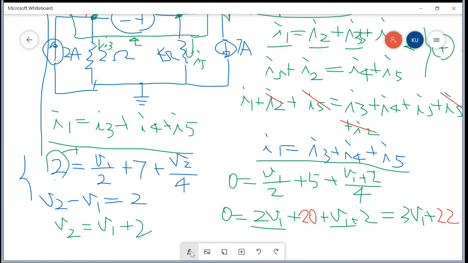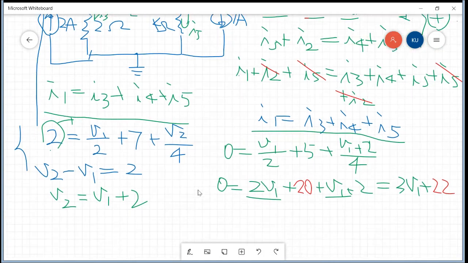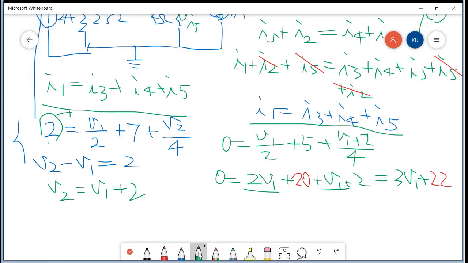And in this case, V1 should be minus 22 over 3, which is minus 7.333 volt.